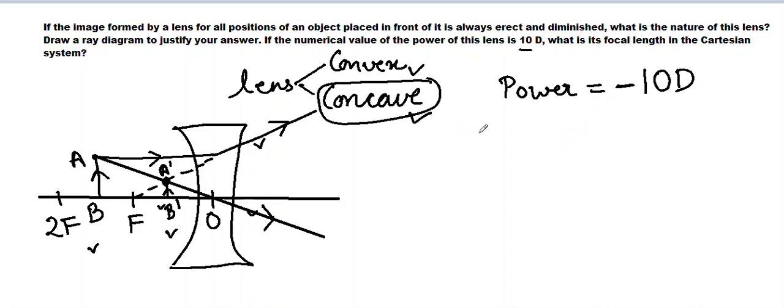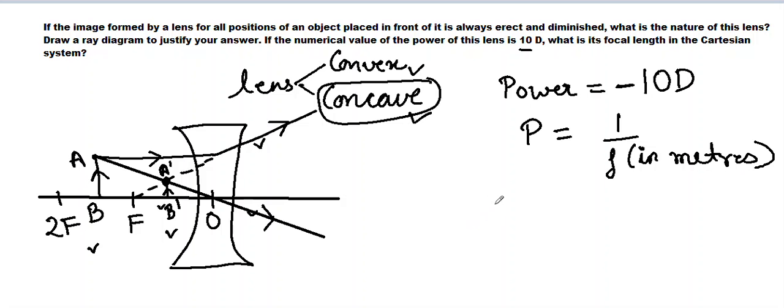So the formula for the power of lens with respect to the focal length is power, which we give by P, is equal to 1 upon f, where f is in meters. So the power is given to us as minus 10, which is 1 upon f.